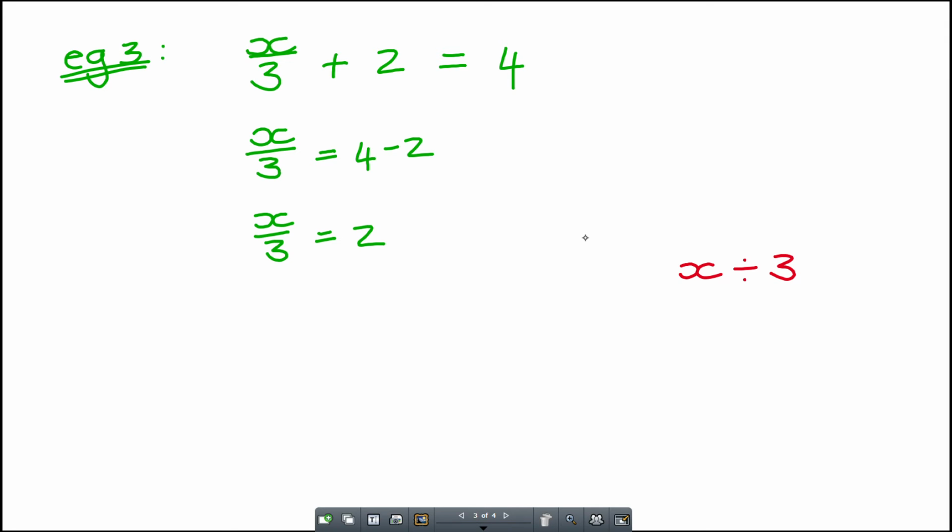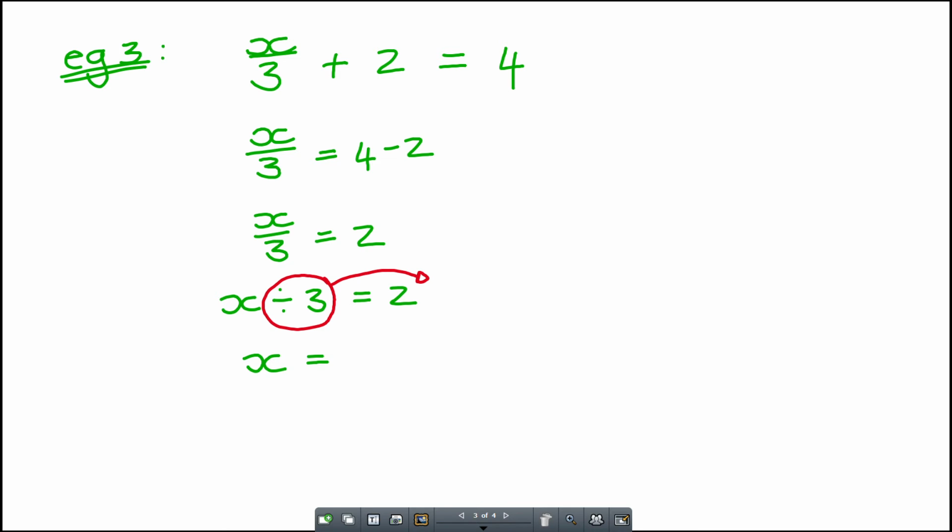So maybe I should write it like that. So what I've got here is x divided by 3 is equal to 2. So what I want to do now is that divided by 3, I'm going to take over. So it's going to become 2 times 3, which means that x will be 6. Does that make sense?